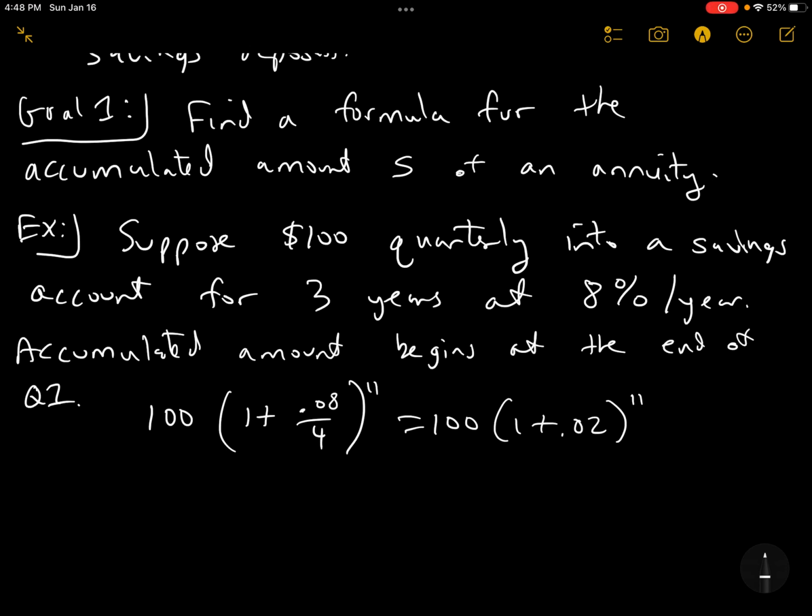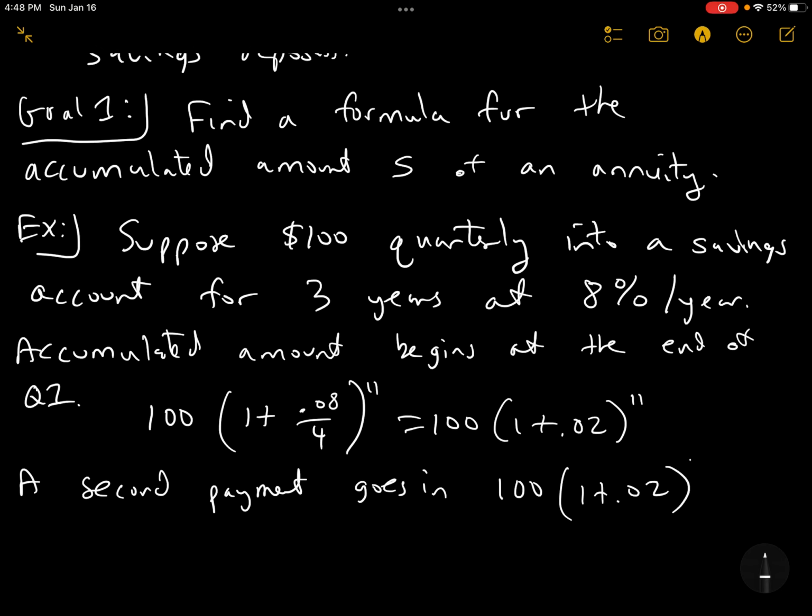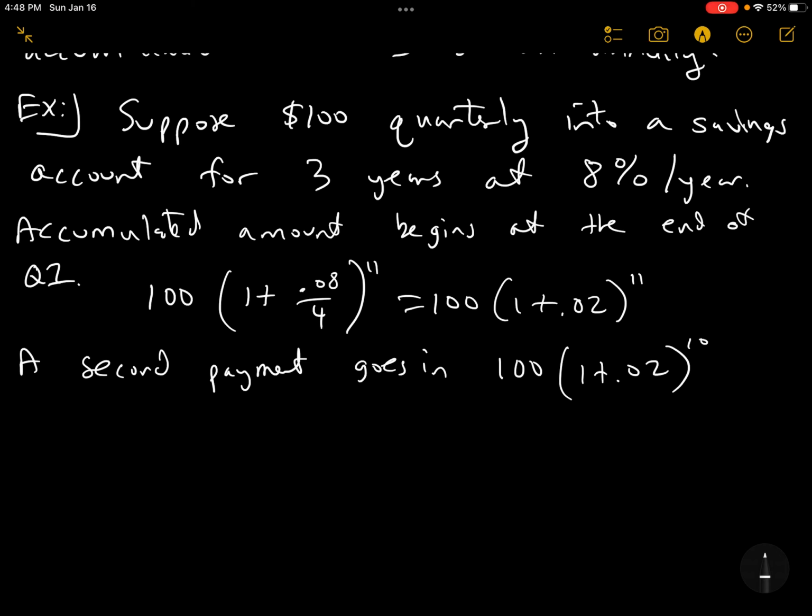Three months later, because this is quarterly, the second payment goes in. And its growth is modeled by this number, so it's for the next 10 months. So, and we do this, right?